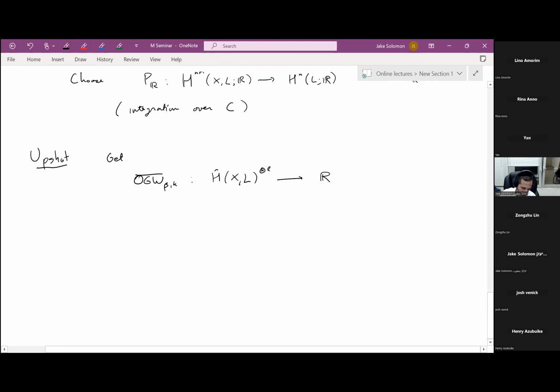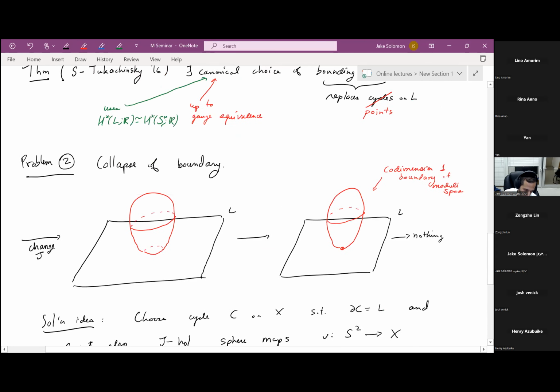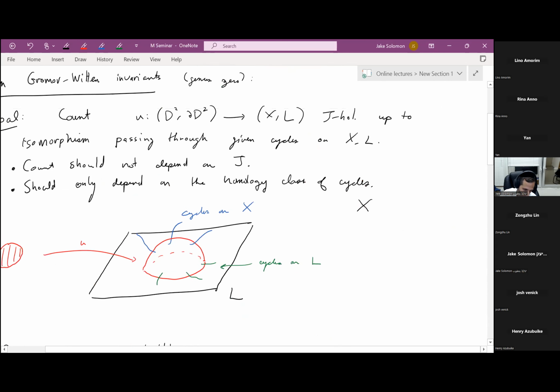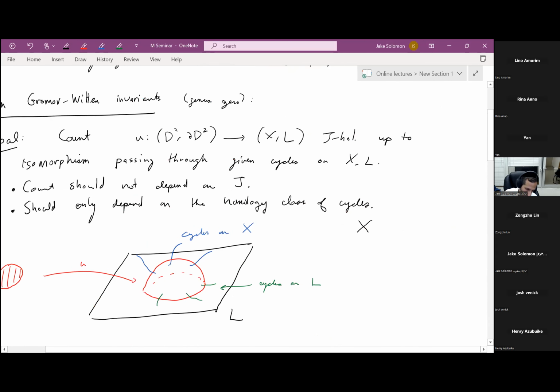okay, what is the meaning? By the way, I should have said here that for these J-holomorphic maps you usually want to fix the homology class.